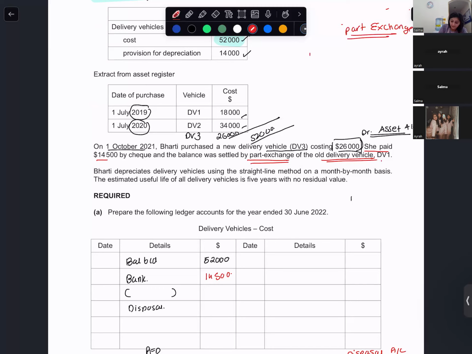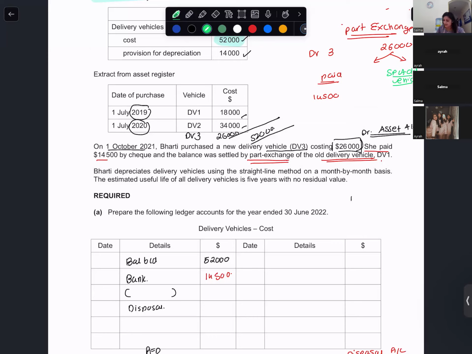So your delivery vehicle 3 was for 26,000. For that you have paid how much? 14,500. That means the balance is the selling price of old vehicle. How much is the selling price of old vehicle?